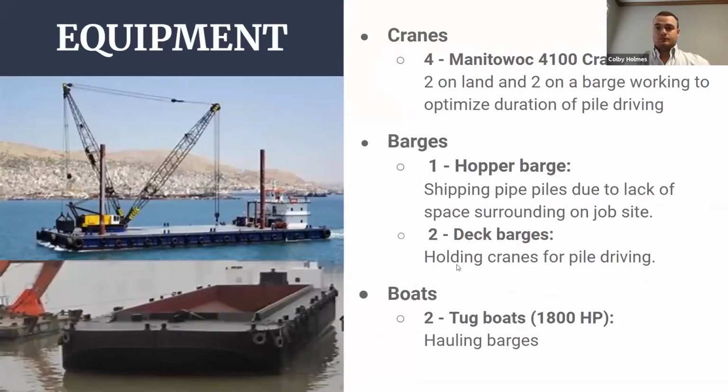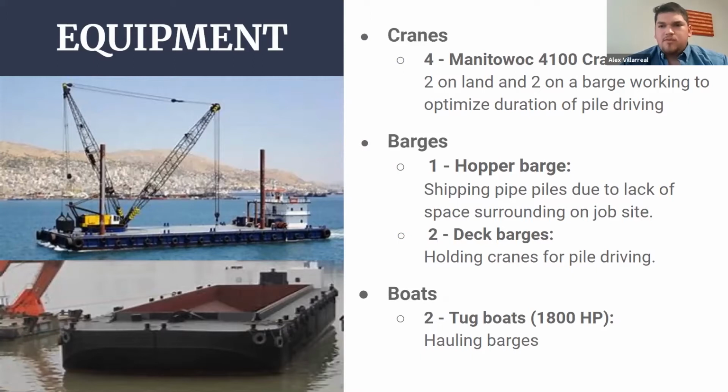So as we talked about in the last slide, we'll bring in our 48-foot pipe piles on a hopper barge. And then we'll have 2 deck barges to set cranes for the pile driving. The cranes we'll be using are 4 Manitowoc 4100 cranes, 2 on land and 2 on water.